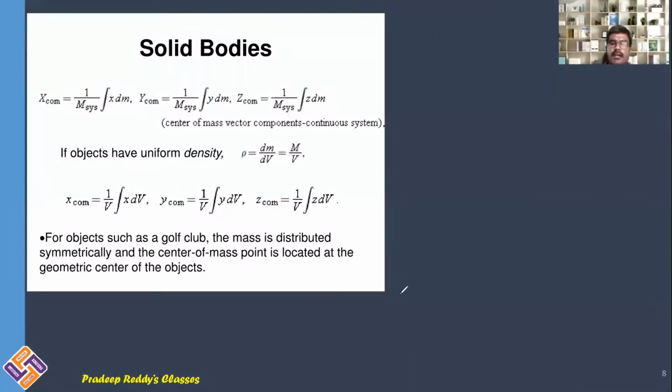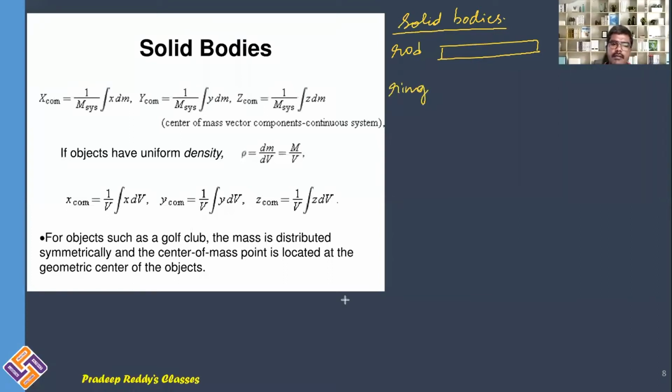Students, we have so far learned about the center of mass for point mass objects. Solid bodies are bodies like a rod. This is a rod. Similarly, a ring.